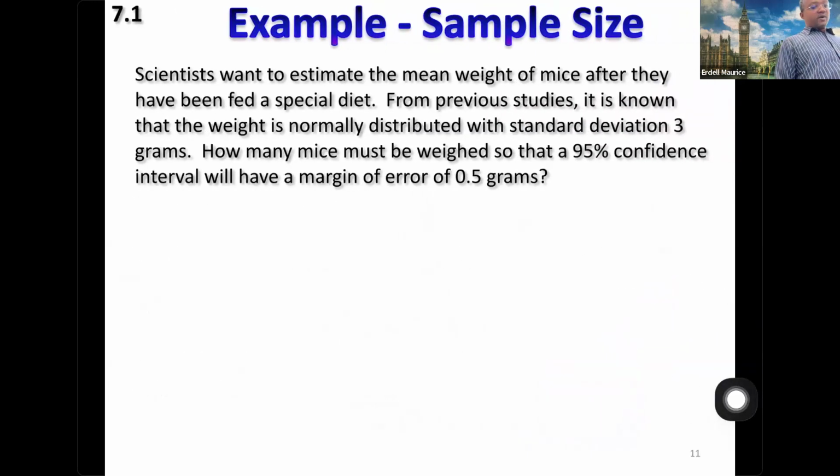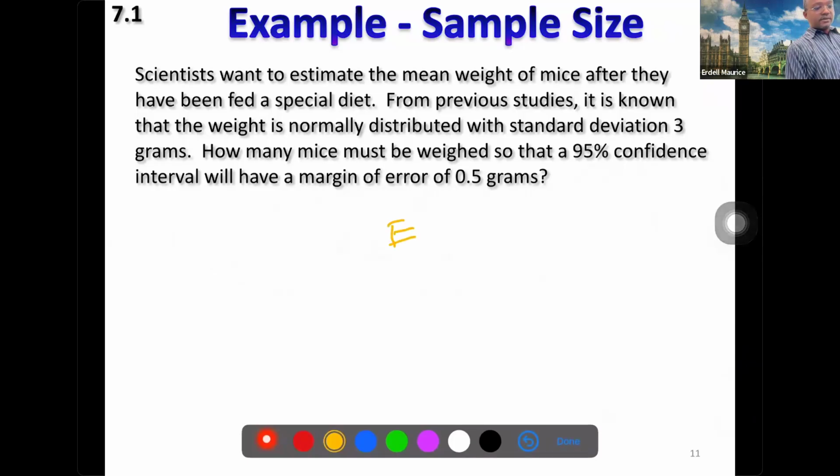Example: scientists want to estimate the mean weight of mice after they have been fed a special diet. From previous studies, it is known that the weight is normally distributed with a standard deviation of 3. How many mice must be weighed so that a 95% confidence interval will have a margin of error of 0.5 grams? In other words, they've given us E, 0.5.